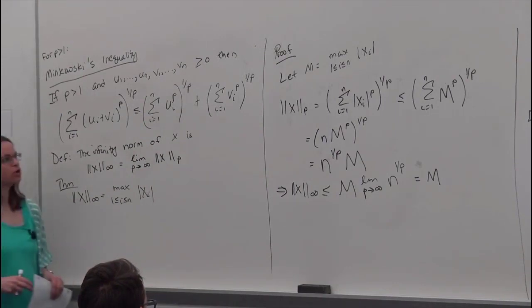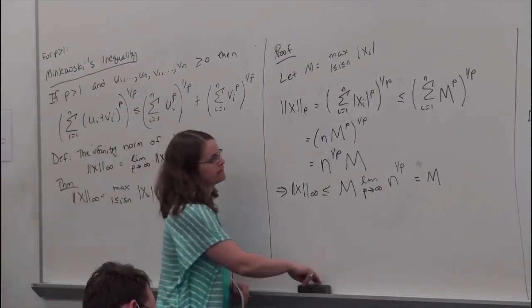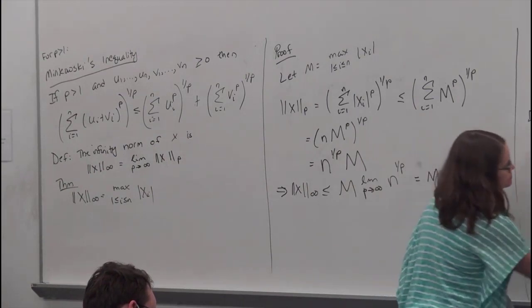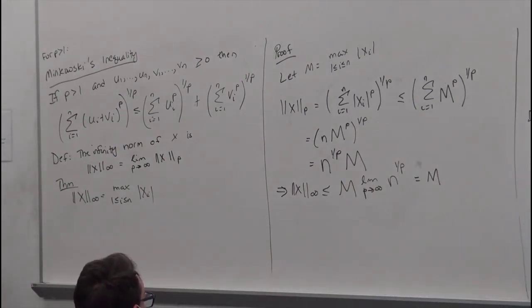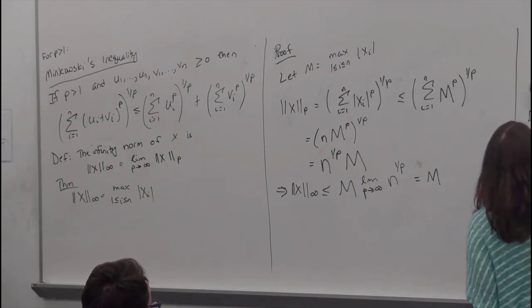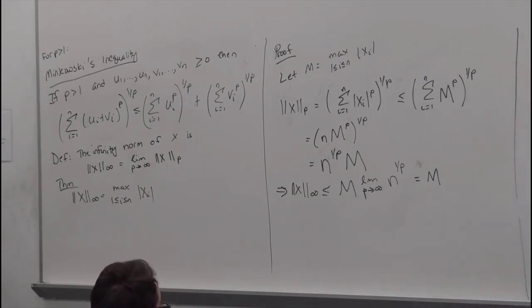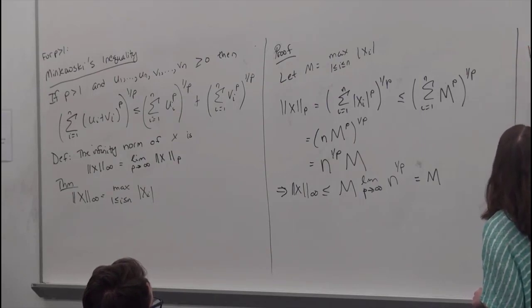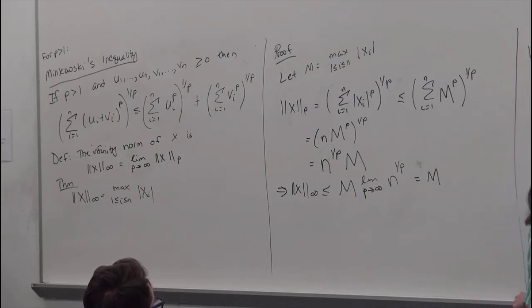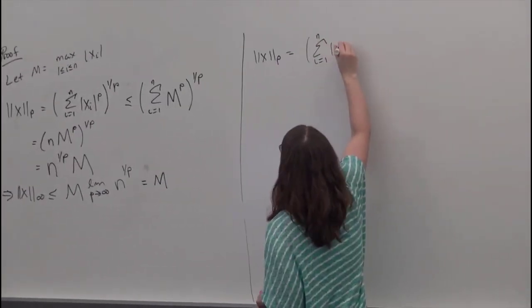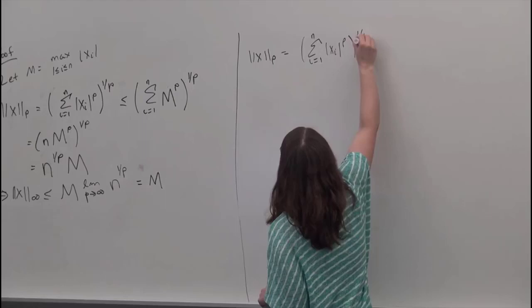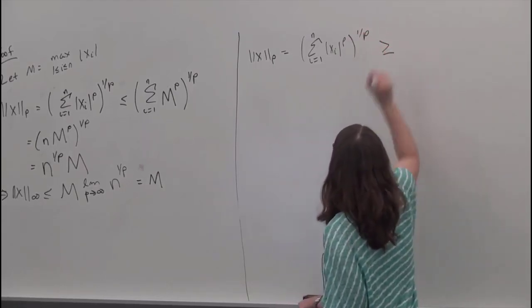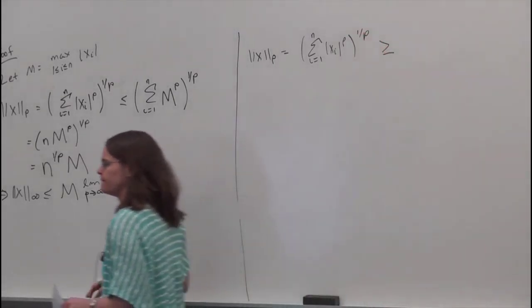And now we've got to turn it around and go the other direction. Okay, so once again, I'll start with my p norm that we're going to take limits of. I'll write out what it is. And now I know I need an inequality that faces this direction.